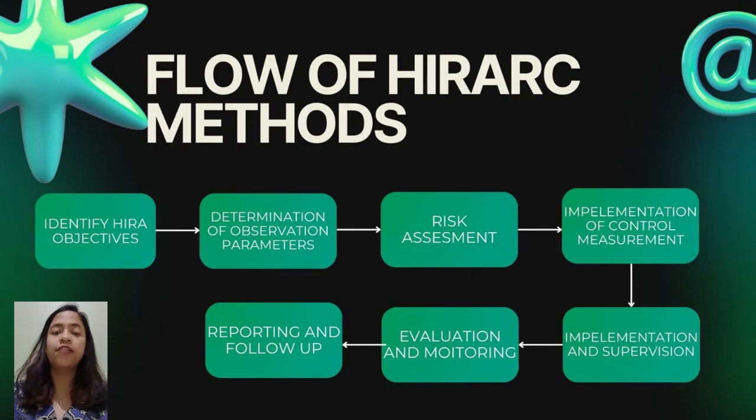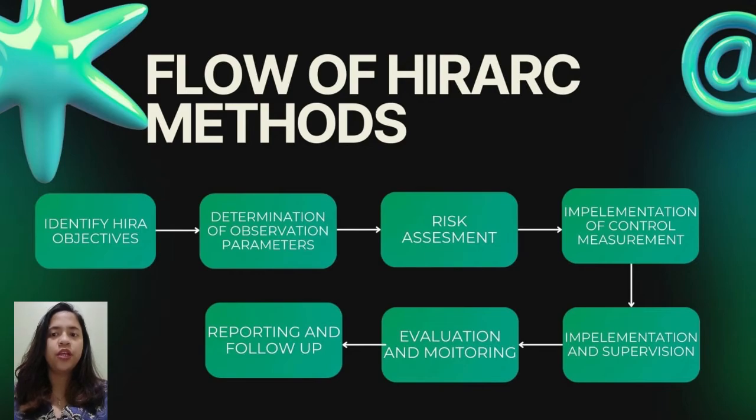The purpose of hazard identification is to know what hazard should be considered, and then the hazard prioritization can be determined based on the likelihood and then severity or consequences.